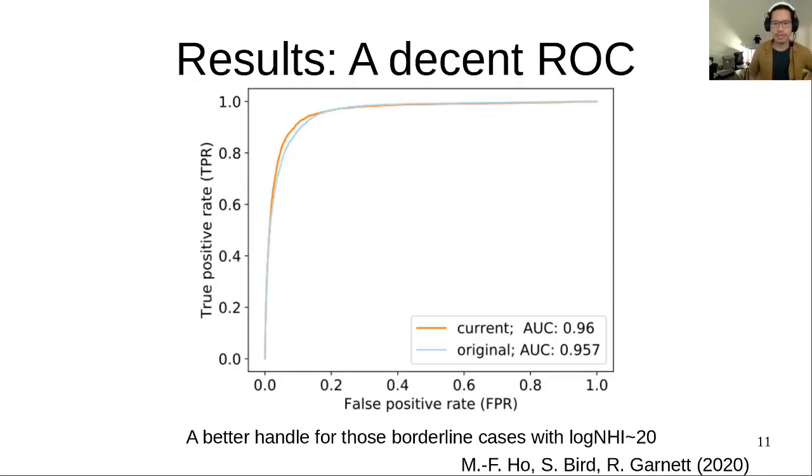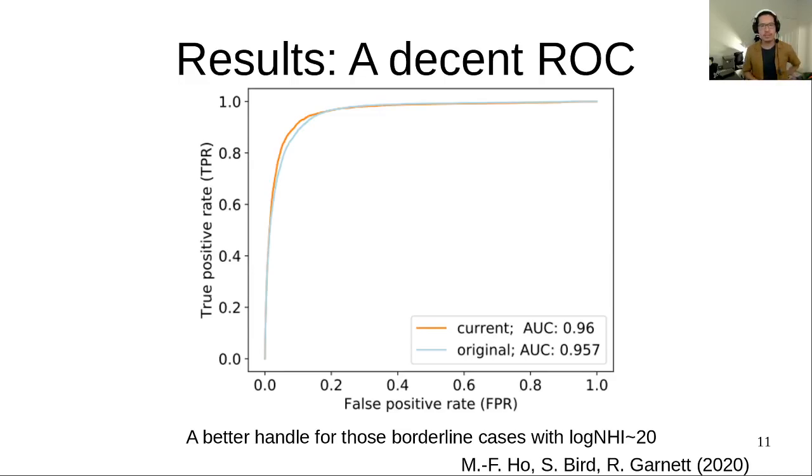Here we show the ROC curve, with which we validated our method on SDSS DR9. The orange curve shows our paper from 2020, and the blue curve shows our original paper in 2017. As you can see, the current revised version has a better AUC score.